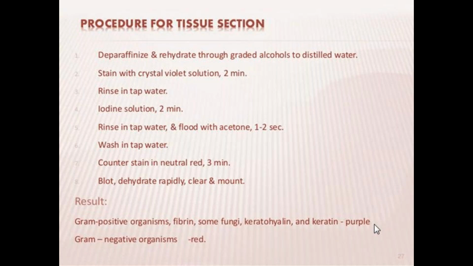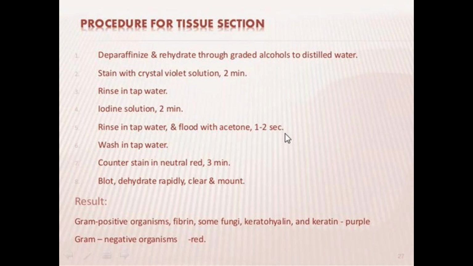Here, the concentration of stains should be increased for staining the tissues. The gram positive organisms present in the tissue section are observed in purple color, whereas the gram negative organisms appear in red color.